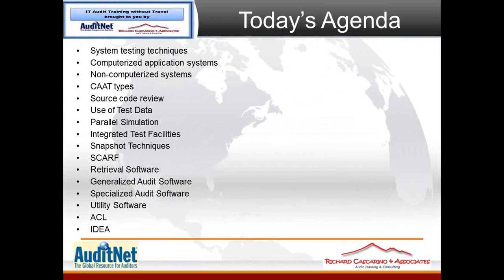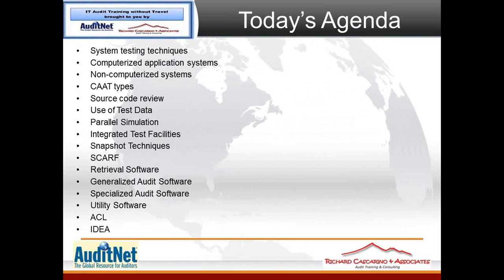The automatic reaction when you talk to an auditor and you say CAATs is they immediately think of product. Product like IDEA, product like Excel, product like ACL. And these are simply software packages. Now, yes, you can use those as CAATs. Some of them were written to be CAATs. But that's not the only kind of technique.